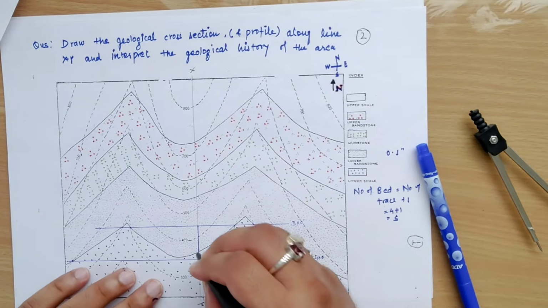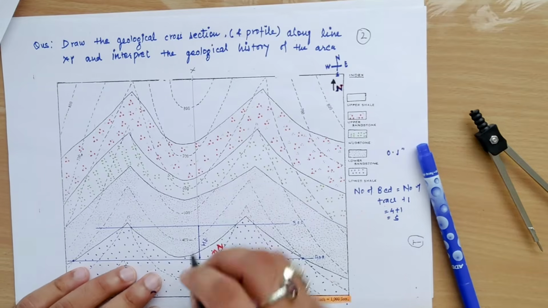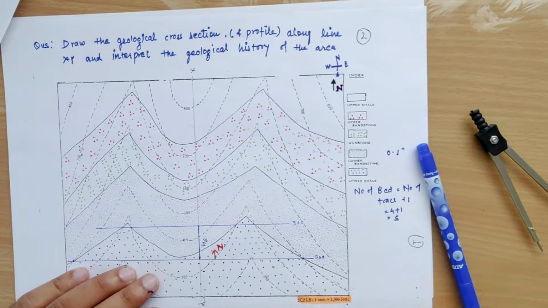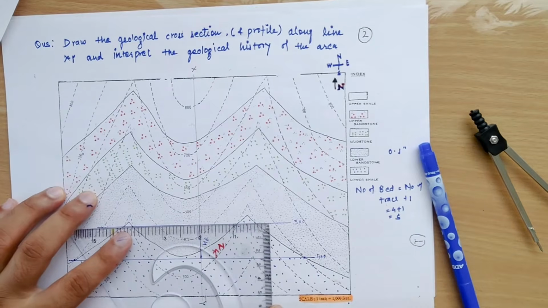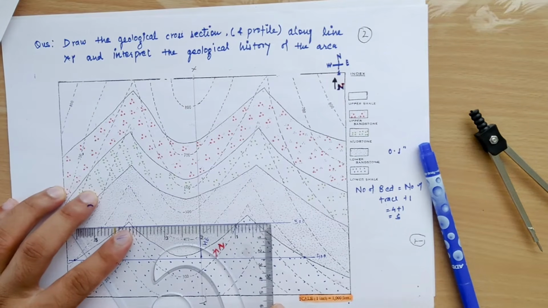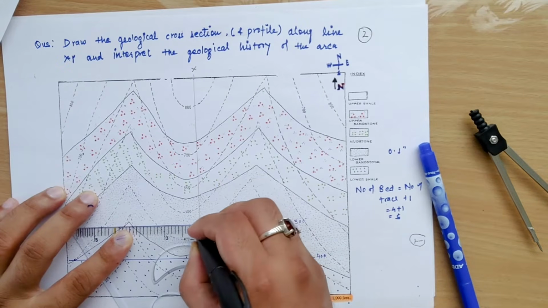So this will be HE. And now if we put CI, that is equal to 0.1 inch, over here. So this is 0.1 inch.